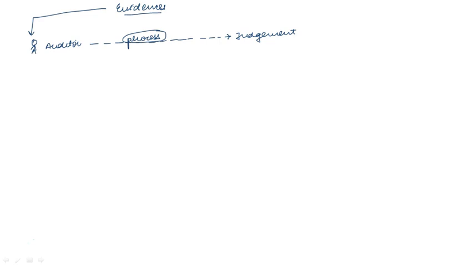So this process, the very first point, is to identify the assertions to be examined. First of all, you need to identify the things which are required to be examined.